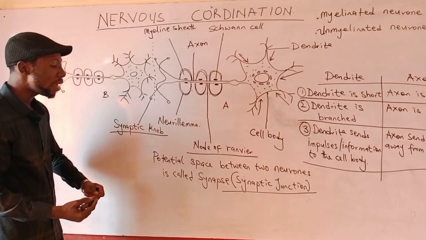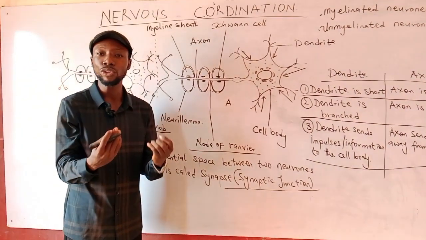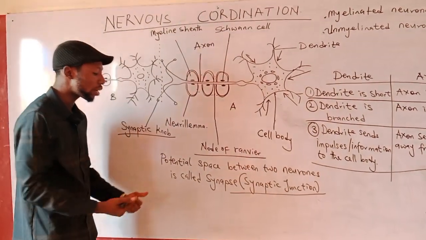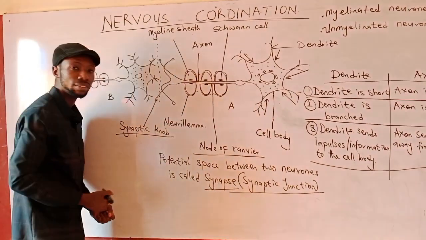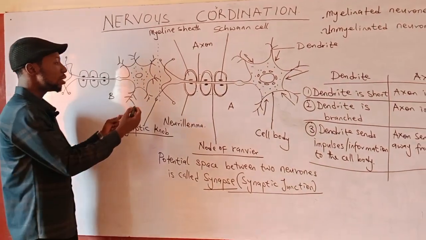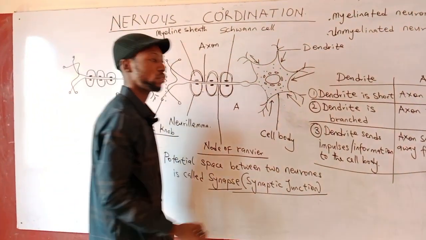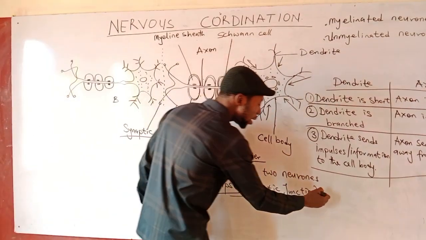The potential space between two neurons is called the synaptic junction, or you can call it the synapse. Okay? Inside that space here, we have neurohormones. Neurohormones are found in between this place.